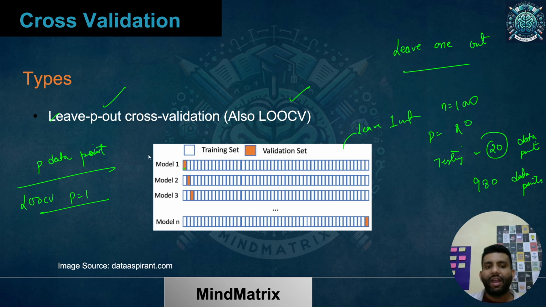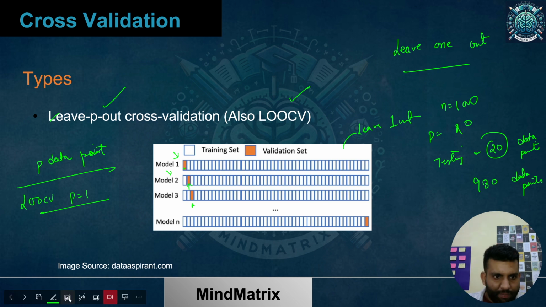Then in the next iteration, I pick another data point for testing, and use the rest for training. For the third iteration, I use the third data point for testing and the rest for training. I hope the idea is clear.